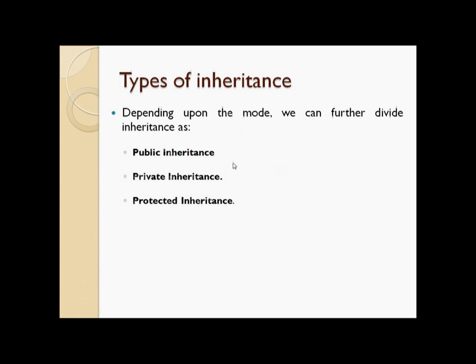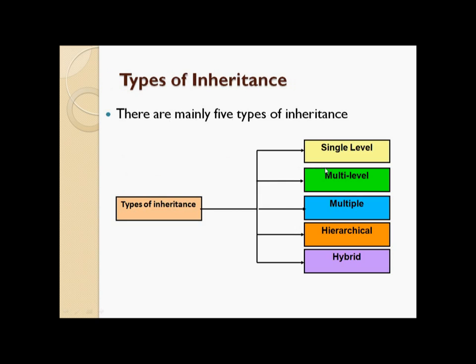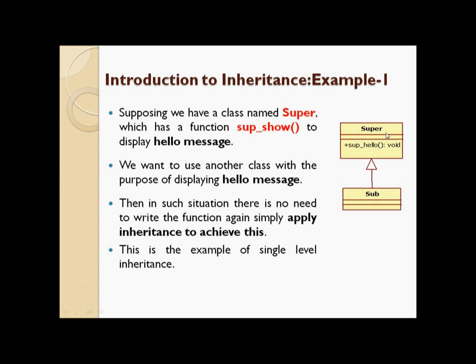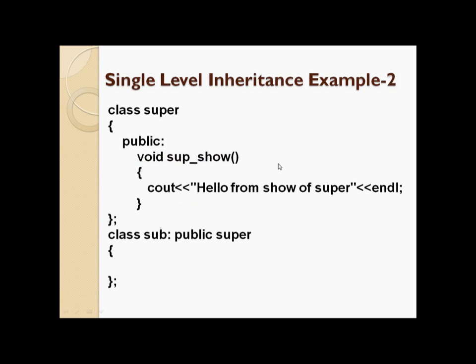Then we can set the mode like public, private, and protected. So in which mode we want to inherit the existing class. Then the old class name, that is here we can write super, that is the old class name, and then we can set the body of the new class, and we can write the main function where we can declare the object of this class in order to access the features of the already existing class.